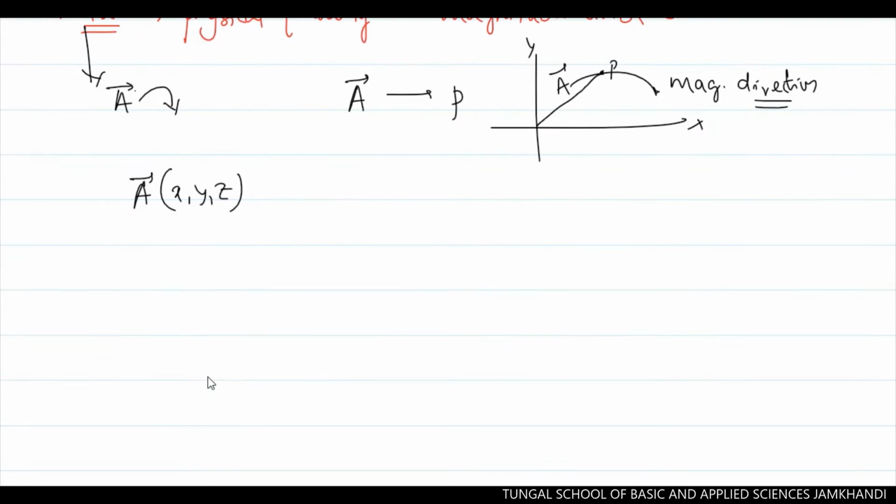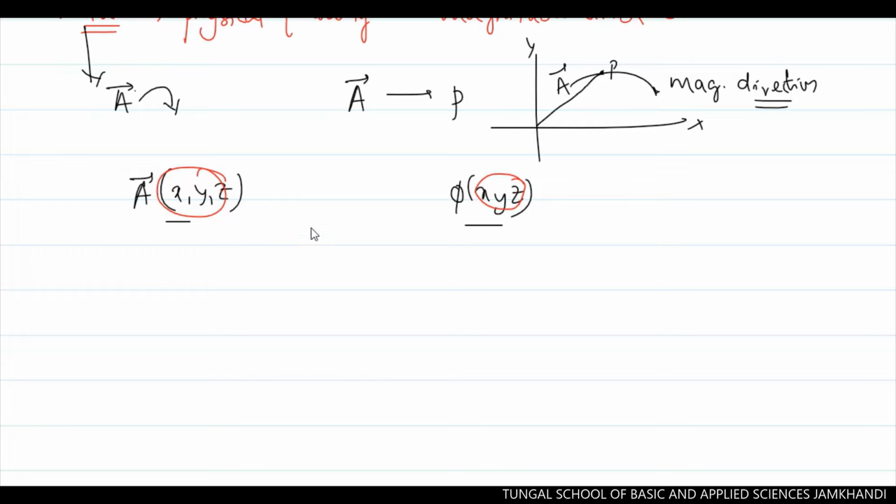In the same way, we defined the scalar function phi as a function of x, y, z. It is also a physical quantity. Both scalars and vectors are physical quantities which depend on space coordinates, where x, y, z are the space coordinates.